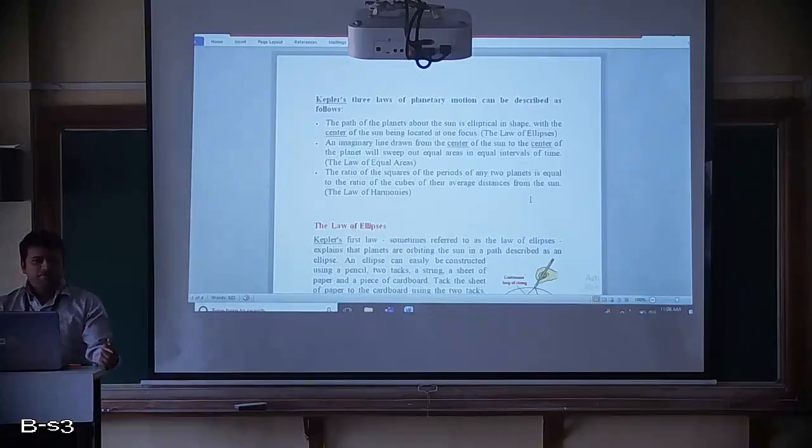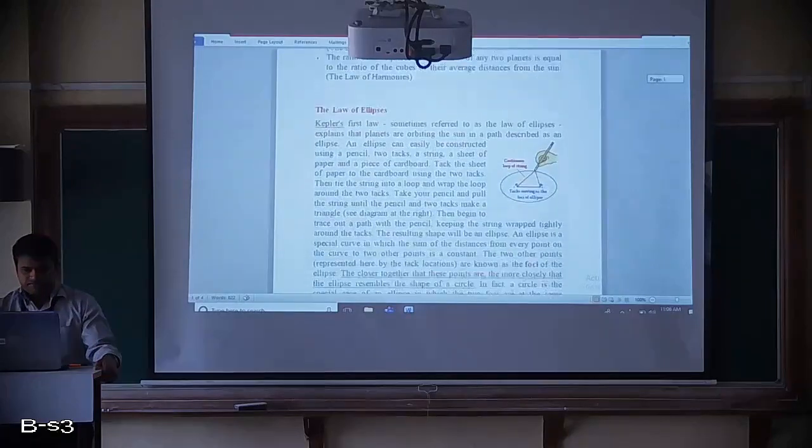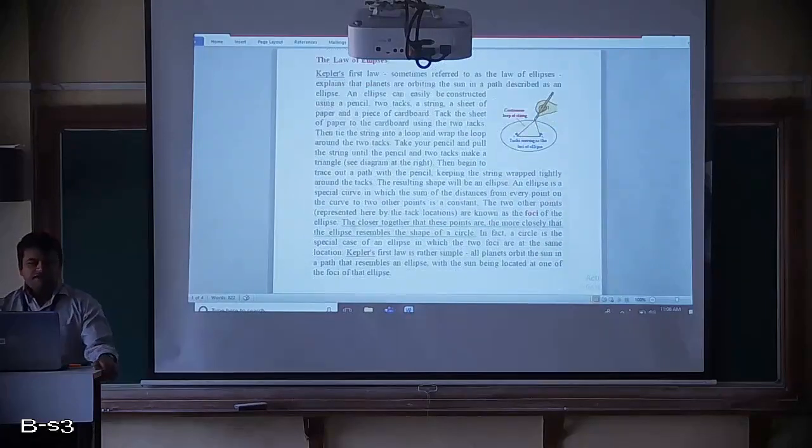Now we will understand these three different laws one by one. Kepler's first law is sometimes called the law of ellipses. That means it tells us the movement of the satellites in the orbit, how the orbital movement is taking place.